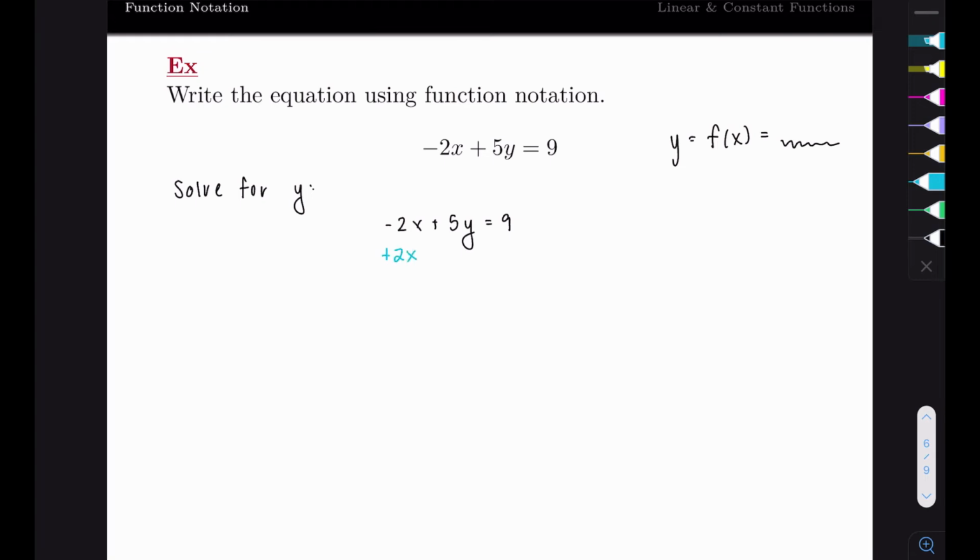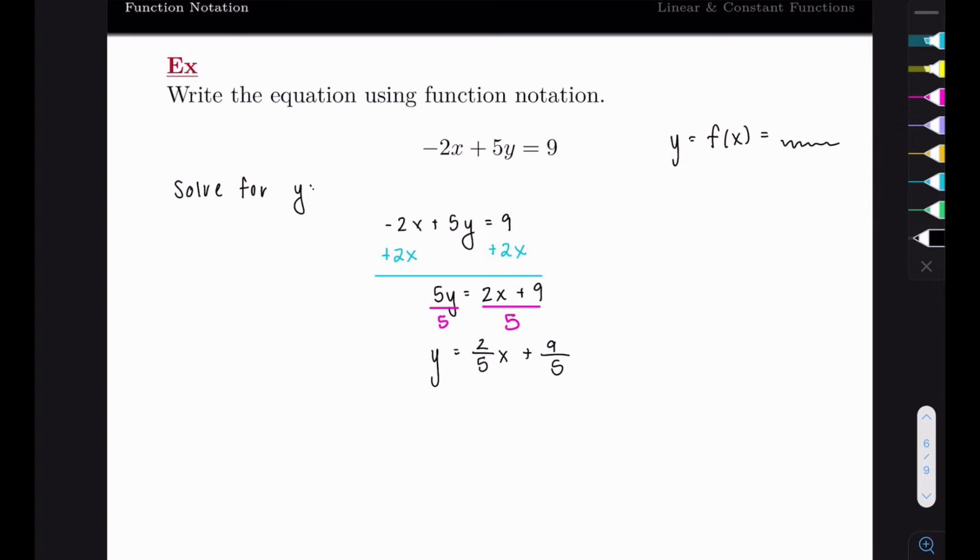So we'll go ahead and bring the 2x to the other side, and that gives us 5y is equal to 2x plus 9. And then we go ahead and divide both sides by 5, and that gives us y is equal to 2 over 5x plus 9 over 5.